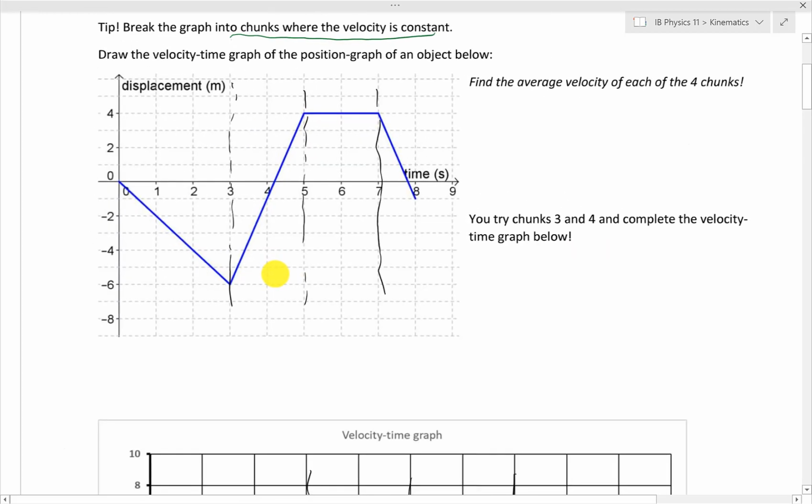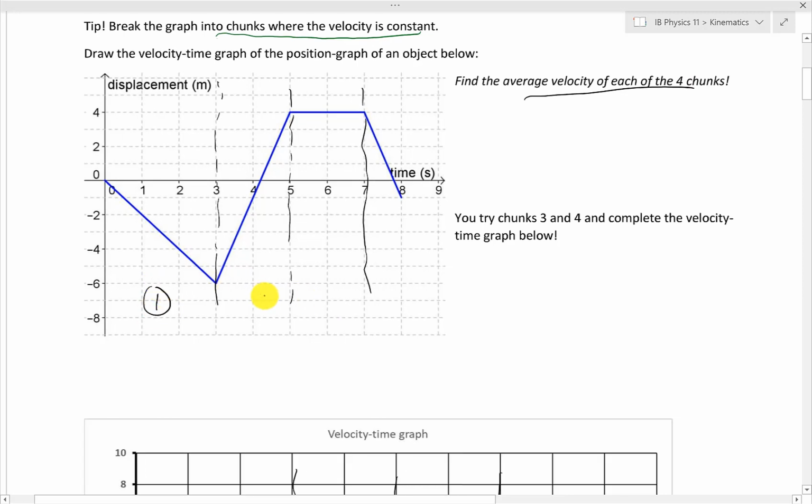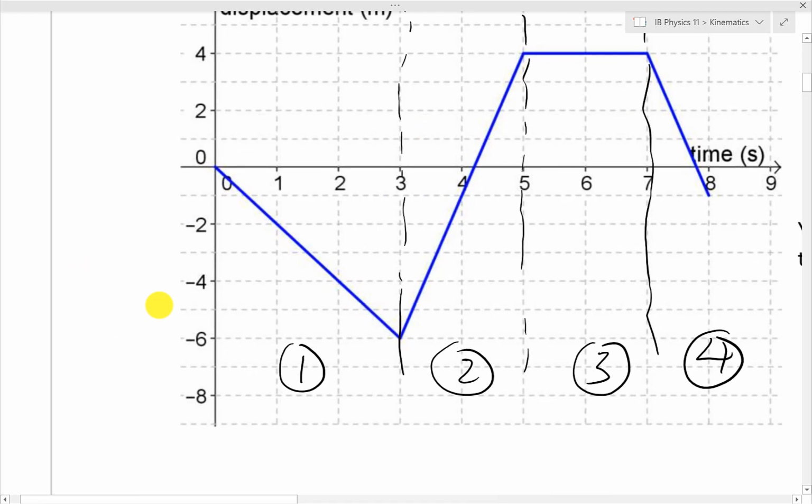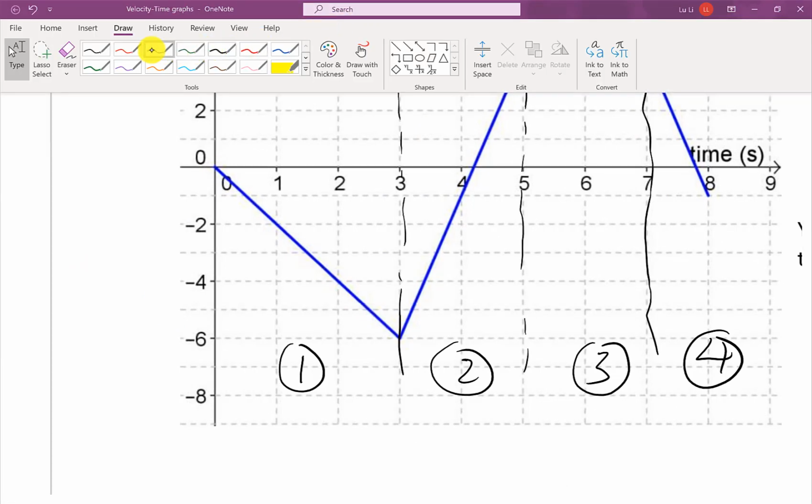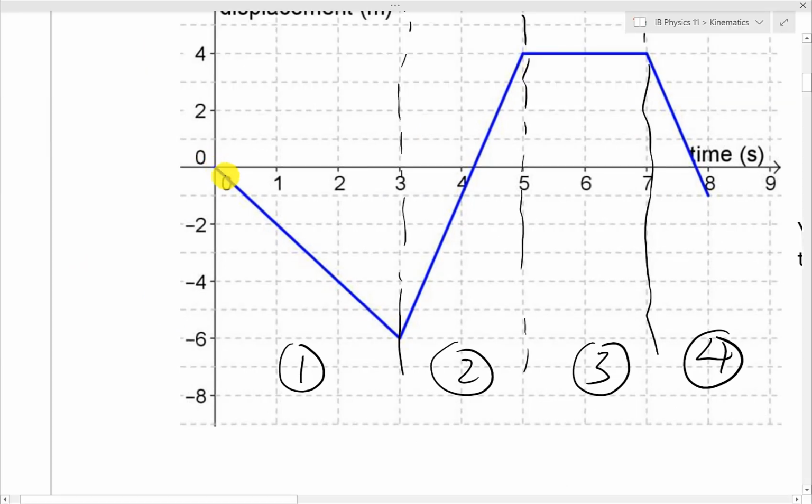So first we have to find the average velocity for each of these chunks. I'm going to do chunks 1 and 2. I'm going to task you with doing chunks 3 and 4, okay? So let's do 1 and 2 as examples. To find the velocity on a position time graph, remember, we need to find the slope. Here the slope is constant.